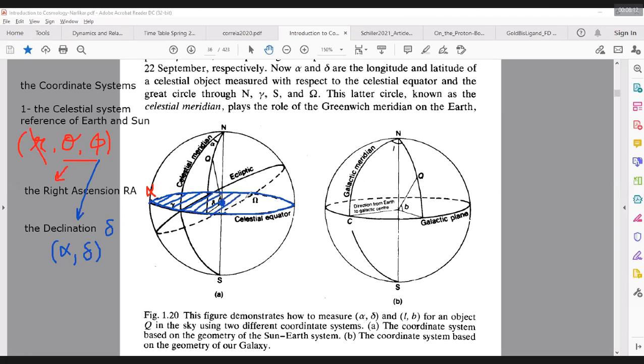Now you can easily find where is this plane. After defining the sphere, the center, and celestial equator and celestial plane, let's talk about the motion of the sun.